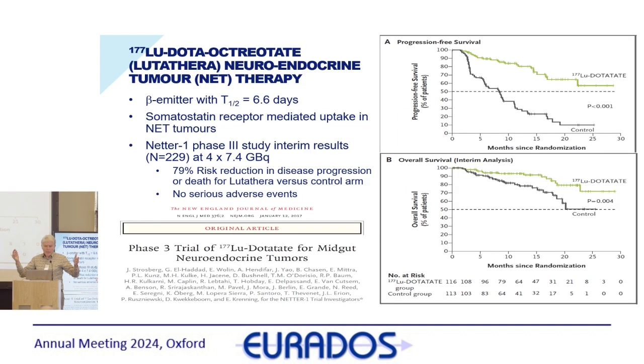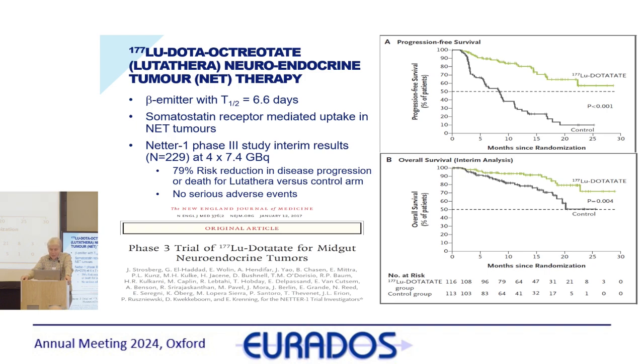So first of all, in Rotterdam we worked on lutetium dotatate, and we came with this dosing schedule of treating patients with 4 cycles of 7.4 gigabecquerel.